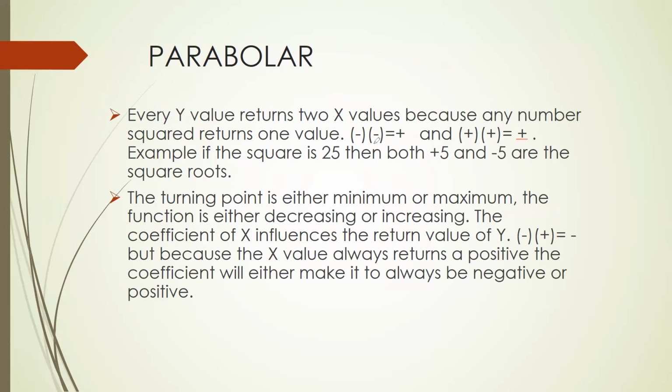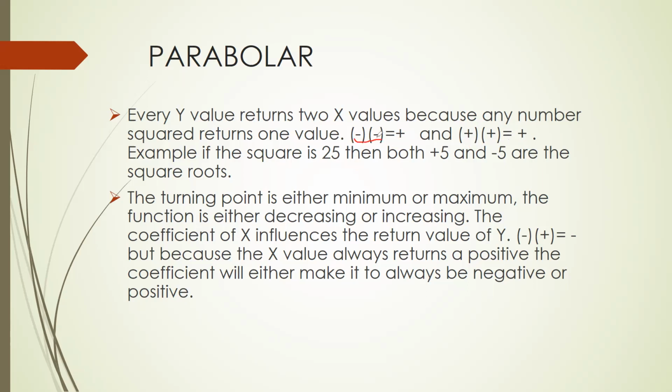So if your x is negative 5, remember x is squared, so negative 5 squared, which is negative 5 times negative 5, gives you positive 25. Also, positive 5 squared gives you 25. So your y is 25, then your x can be positive 5 or negative 5.